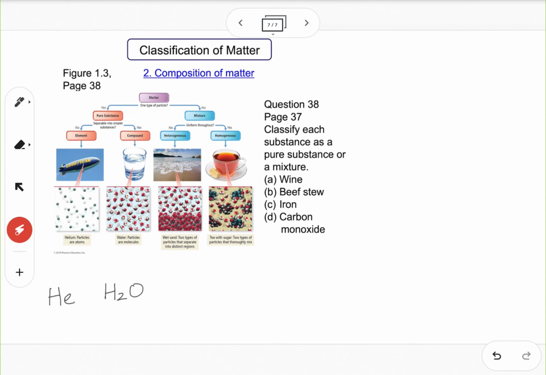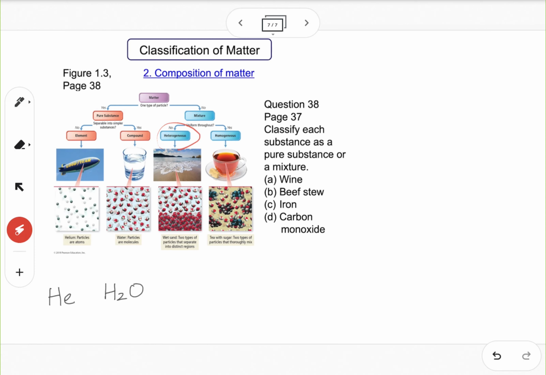Now on the other side of this flow chart, it's called a mixture. Mixture is the second type of matter, and a mixture is something that is composed of two or more components, right? Pure substance, one component, but for mixture, two or more components. And there are two categories in mixture.